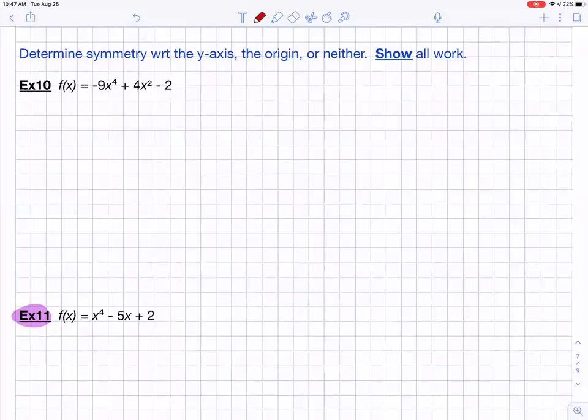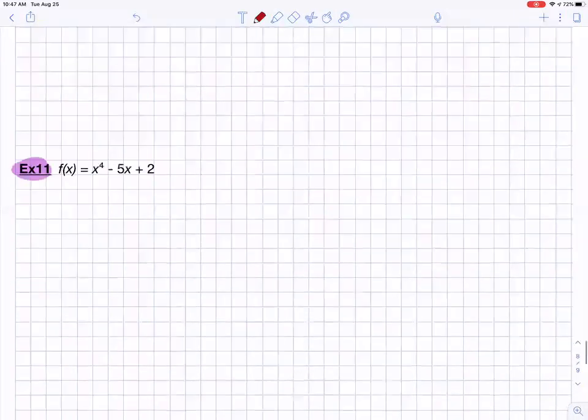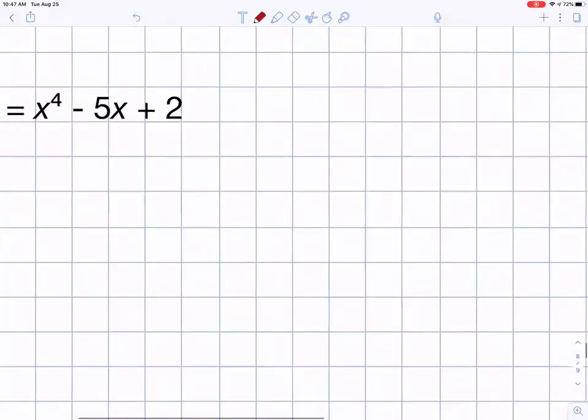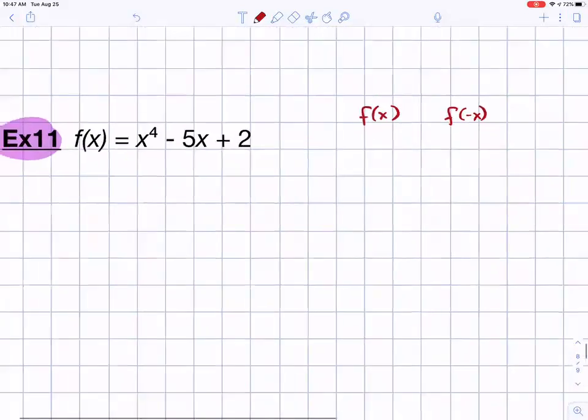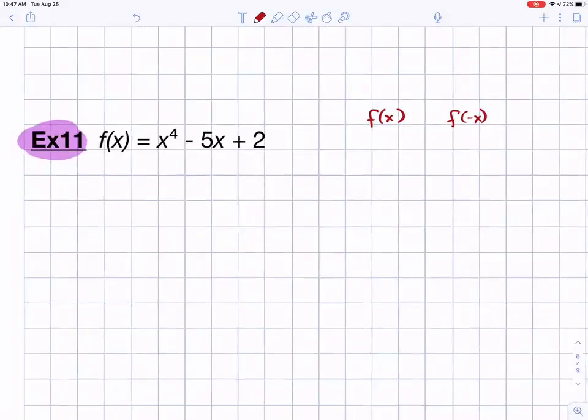Okay, let's find out. So determine the symmetry with respect to the y-axis, origin, or neither. So what's the first part of my test again? f of x compared to f of negative x. Okay, I already have f of x. I don't need to do anything with that. Let's figure out f of negative x. Okay, what's the first piece?